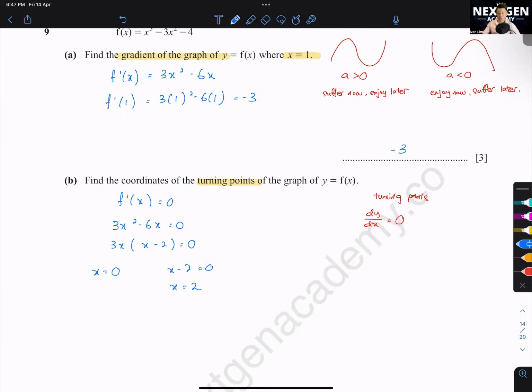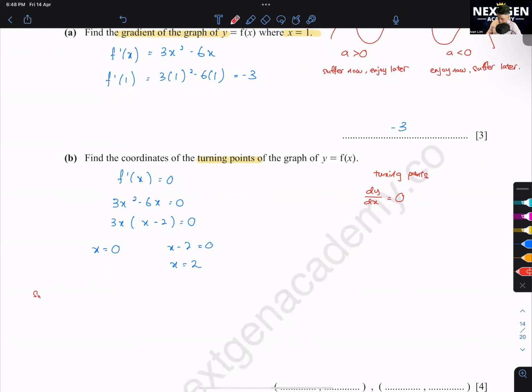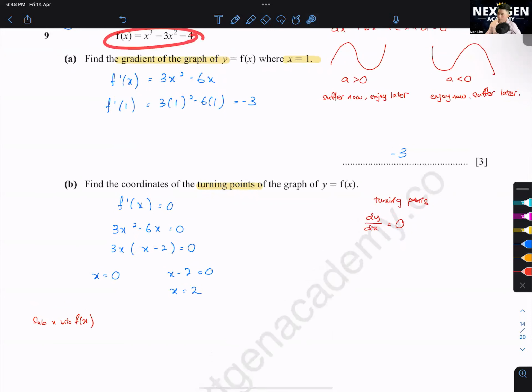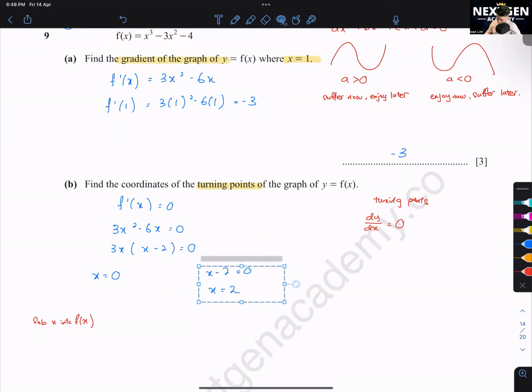Every point has x and y. So I need to sub x into fx. Fx is just y. So what's our fx equation? This one. So I will get over here, f of 0 is equal to 0 cubed minus 3 times 0 squared minus 4, which will be equal to negative 4.